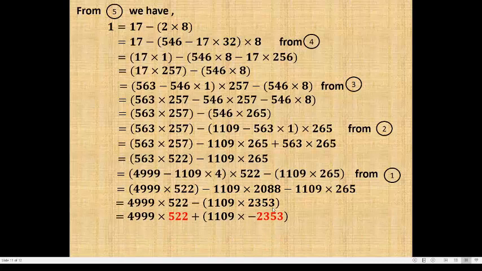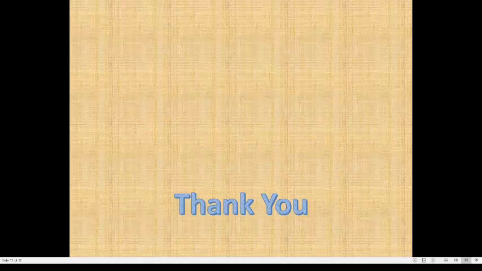So that means here we get S as 522 and T as minus 2353. Take out the minus sign inside the bracket. So here we get this. S equals 522 and T equals minus 2353. Okay. Thank you.